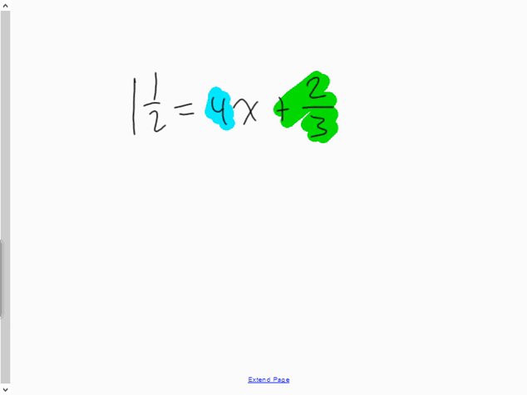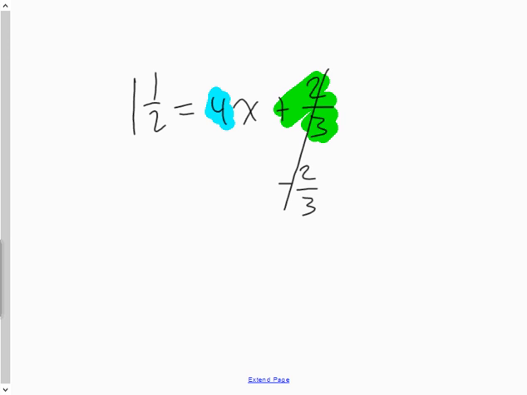Question 10 gives you 1/2 is equal to 4x plus 2/3. So we're going to solve this method 1, which is get rid of the constant first. Again, not to be redundant, but where's your variable? It's on the right. This is your constant. This is your coefficient. Get rid of your constant first by subtracting 2/3.